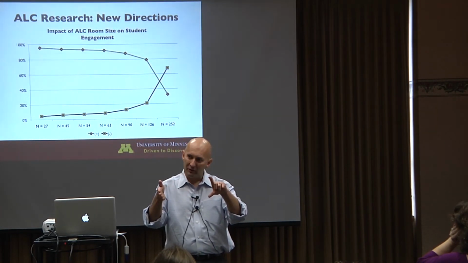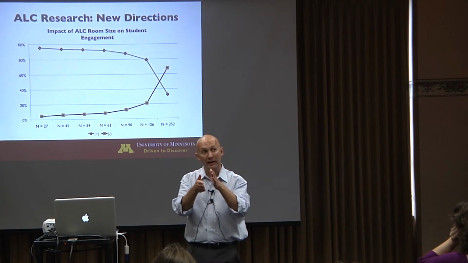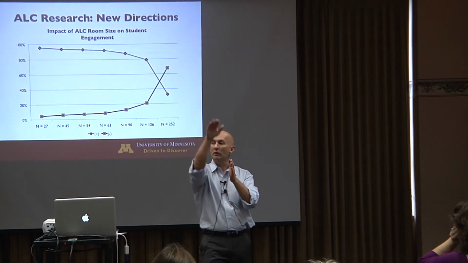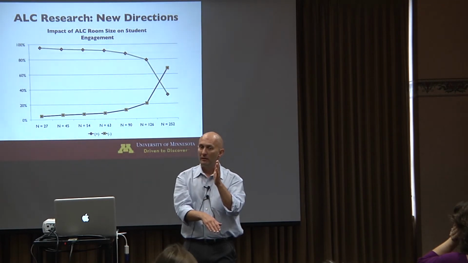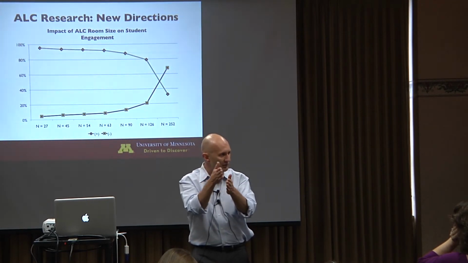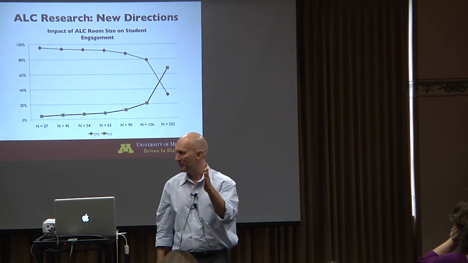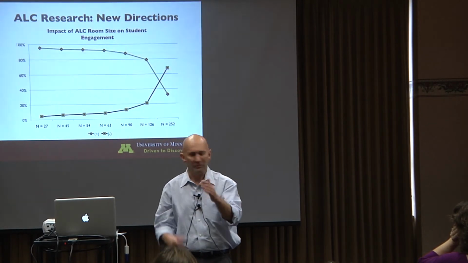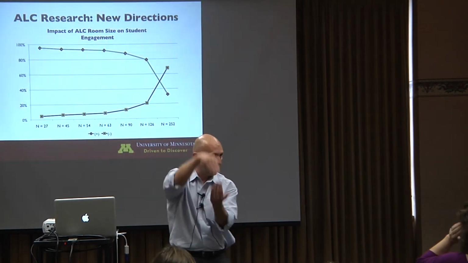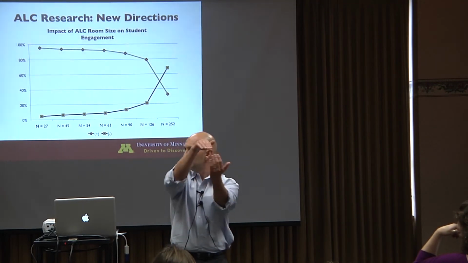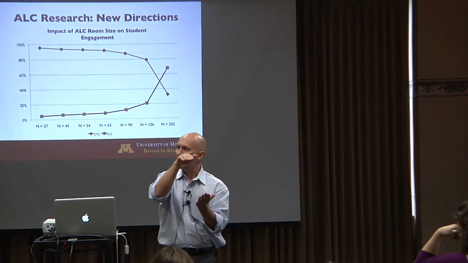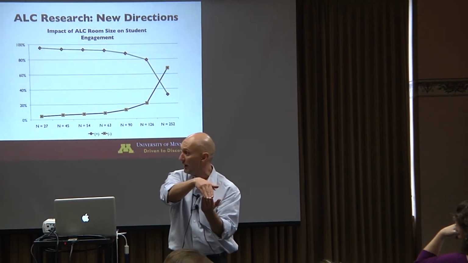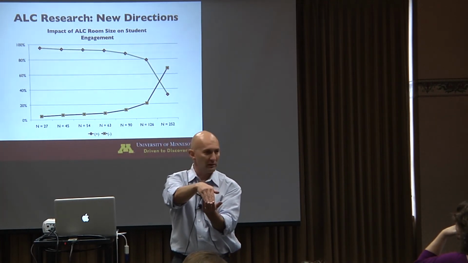And we might even want to consider a higher threshold, looking at all of the data that we have about traditional classrooms. If we aggregated that up, what is the average level of engagement in a traditional classroom? Let that be the marker, not the 50%, not the point way out there, but the traditional one. Because if the active learning classroom doesn't engage you any more than the traditional classroom, why build it?